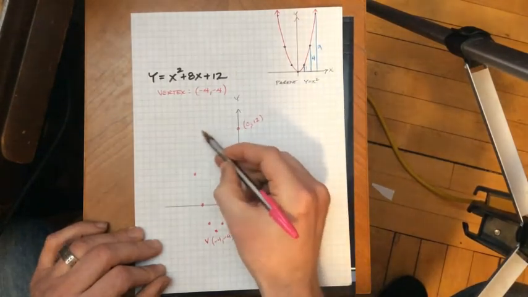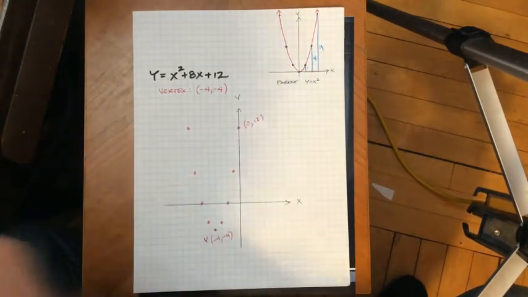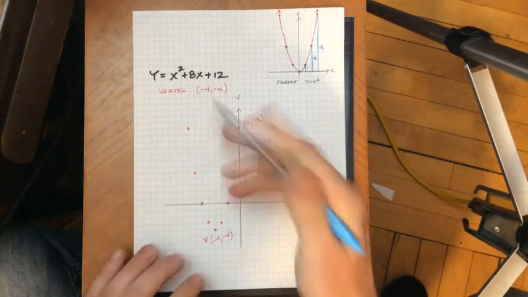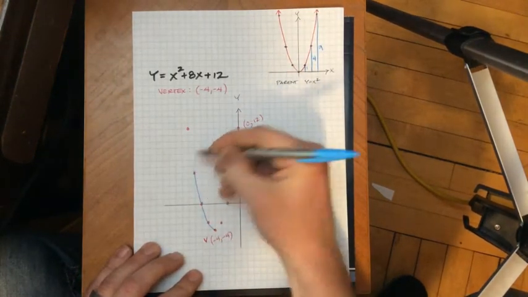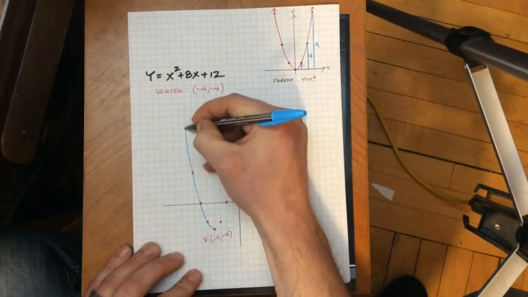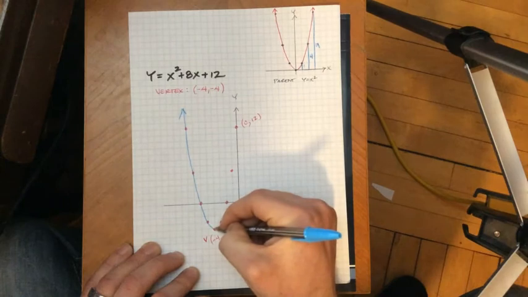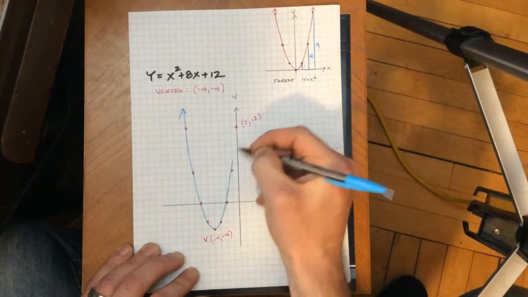Now I'm going to go ahead and match that up over here. It's all symmetrical. And let's go ahead and sketch in the in-between points as best we can. It makes a nice round curve here. And it will keep going up forever. So I put the arrows on the end here, and the same happens on this side.